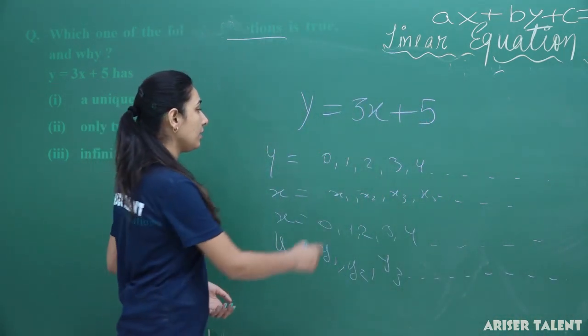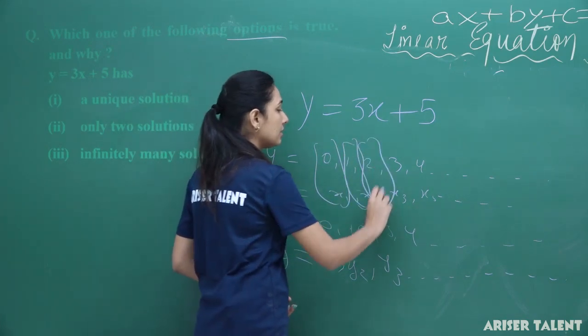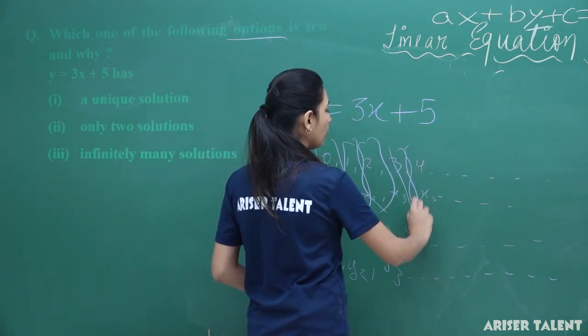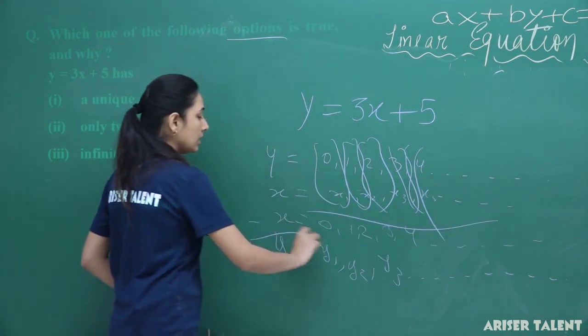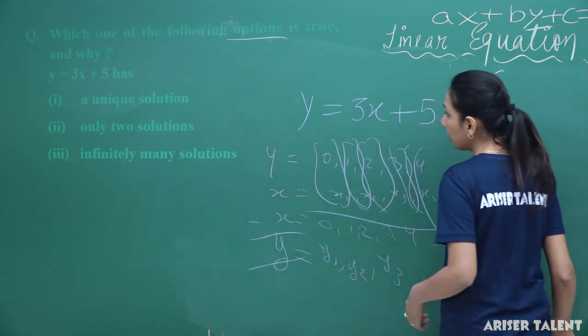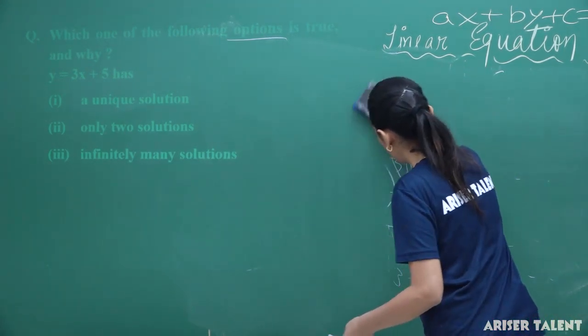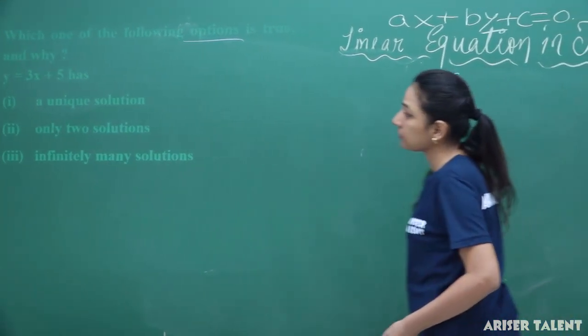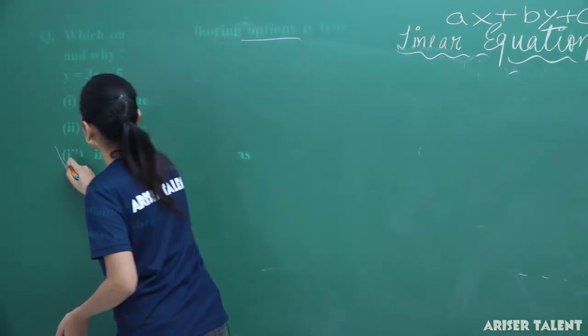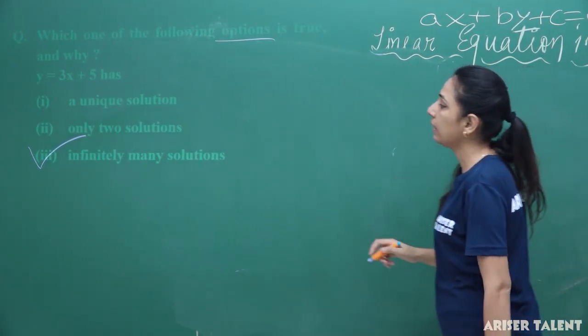That means this is one set, this is the second set, this is the third set of solutions, then fourth, fifth and so on. Similarly, vice versa. That means we have not only one or two unique solutions, we have infinitely many solutions. That will be our answer.